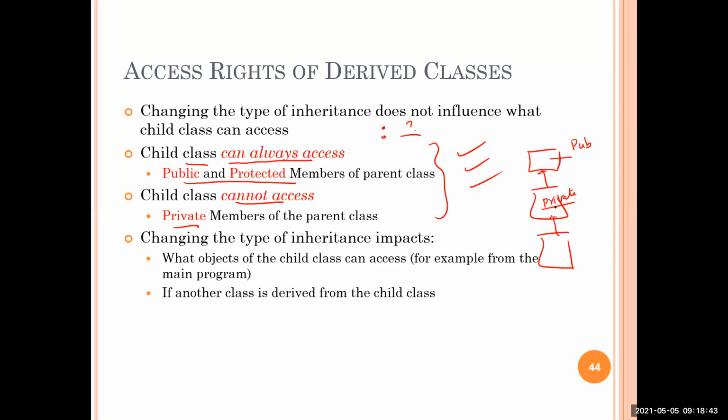So if something is private here, then this child class will not be able to access it. So you see, changing the type of inheritance will have an impact when you create objects of the child class in the main, or when you have another child class, because then it will not be able to access something that was private, right? Okay, now let's maybe do one more example of this, right?